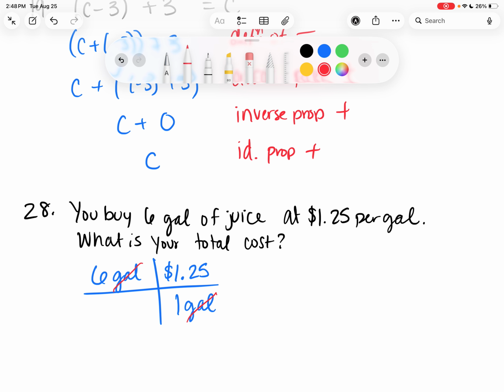So I'm left with just money. Anything on the top we multiply, anything on the bottom we divide. So in this case we have 6 times $1.25, technically divided by 1. Obviously we don't have to do that. So 6 times $1.25 would be what? No, more than that. Less than that.